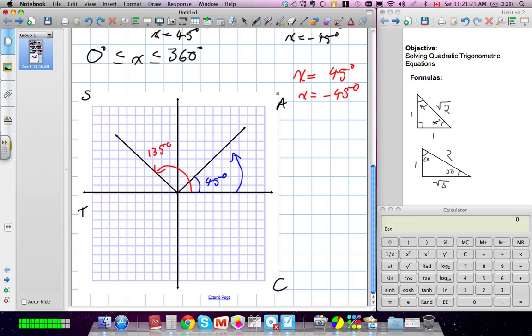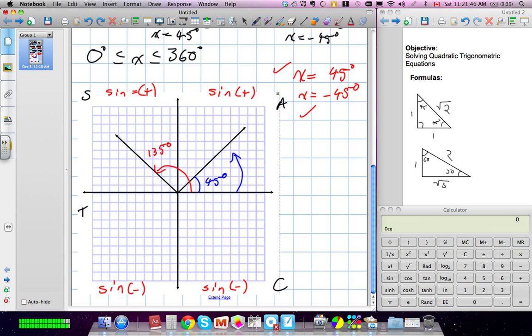And for our two negative signs, we know that sine will be negative. So we put sine positive, sine positive, and then sine negative, sine negative. The exact same idea.